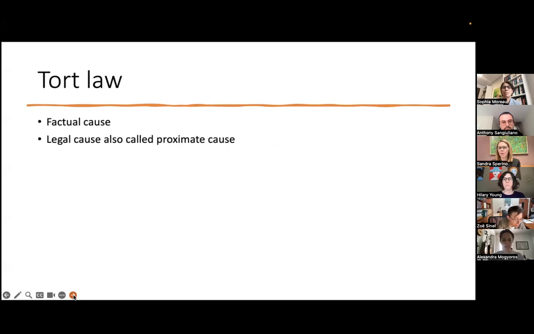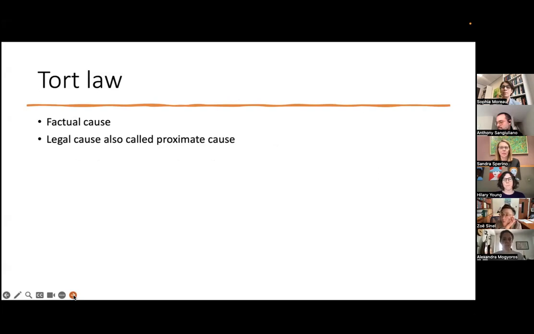So I think, as everyone on this call knows, that factual cause, at least in the US, and I'm interested to see if the Canadian system is similar, has two main components. Those two main components are factual cause, which is actually the real causation doctrine, and then a doctrine called legal cause, which we also name proximate cause.